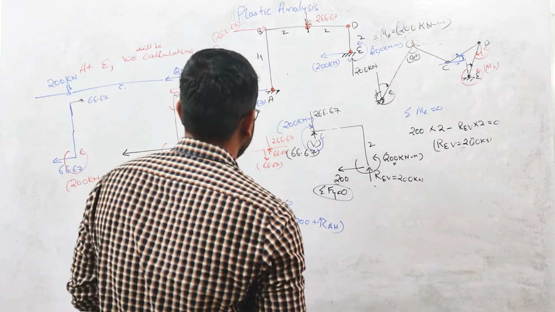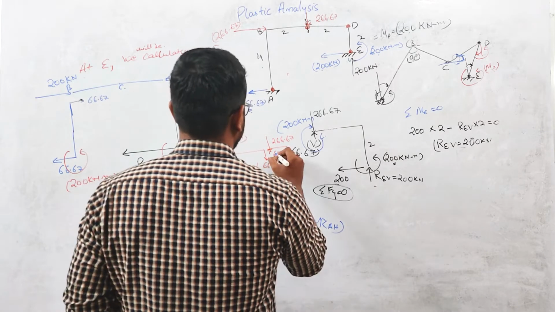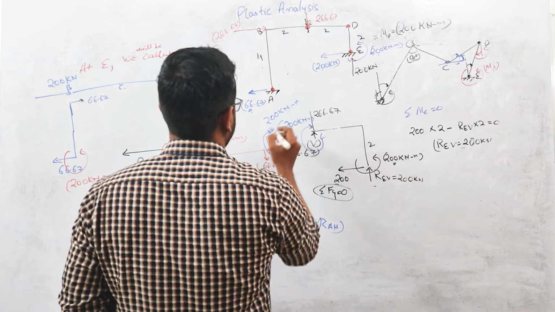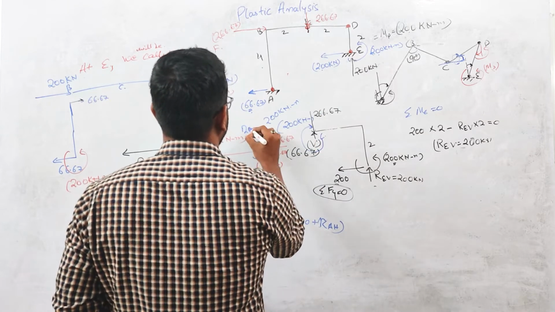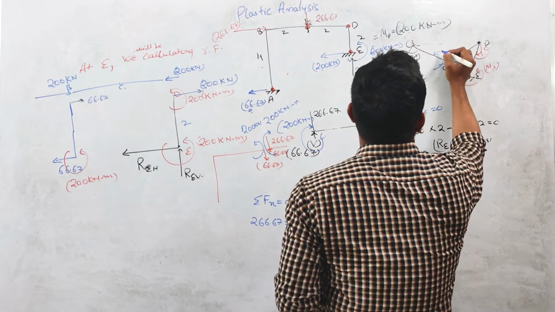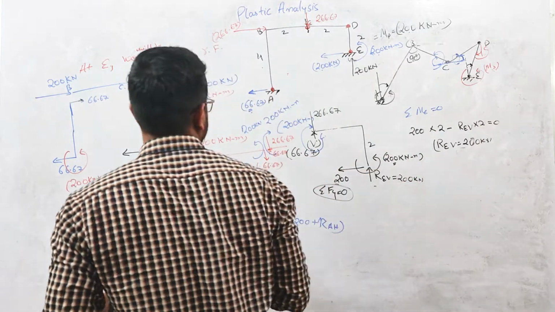The moment is 200 kilonewton meter, and here also it will act as 200 kilonewton meter. At this point, the direction of the rotation is clockwise, so the moment will be anti-clockwise, right?